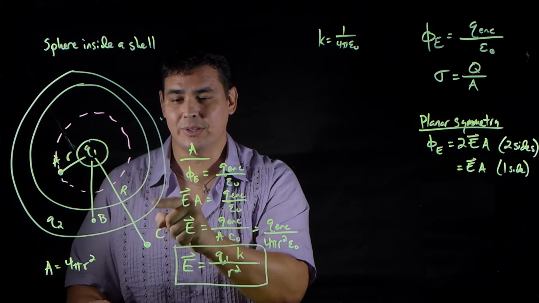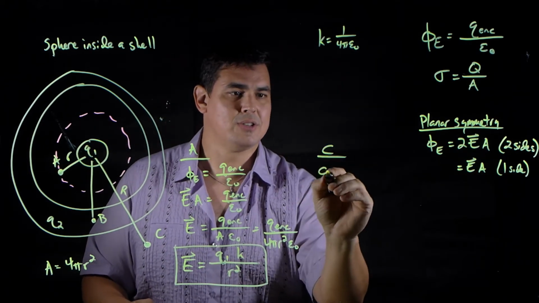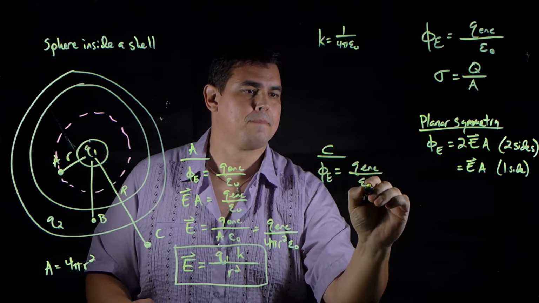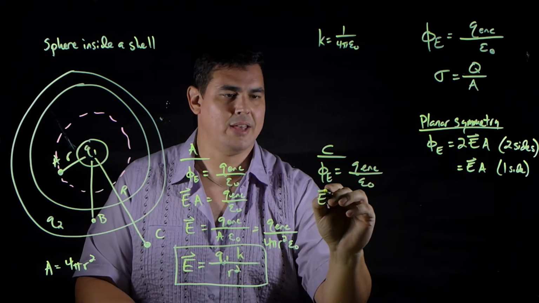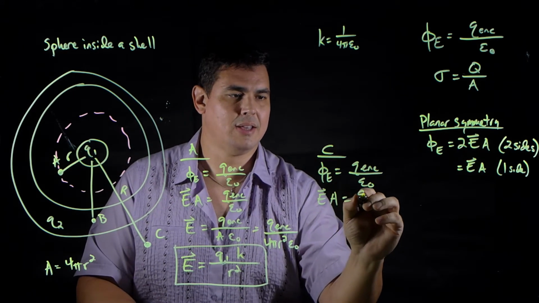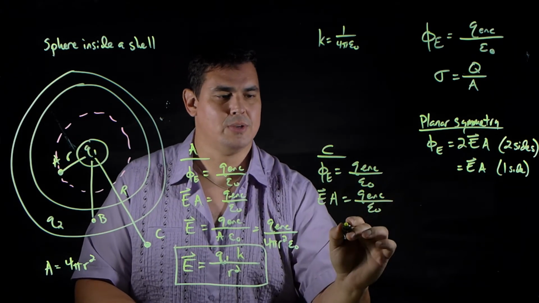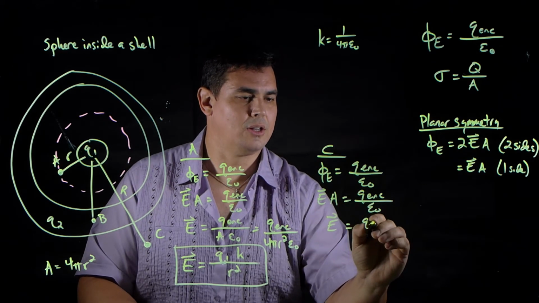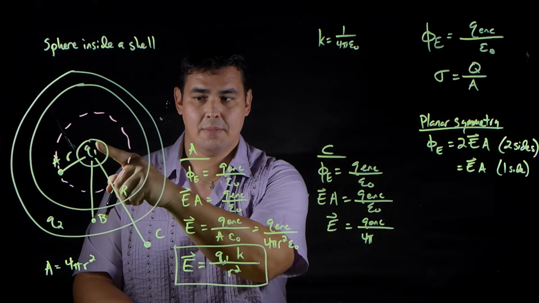Okay, so let's do C. All right, so C is the same process. So we start with Gauss's law, right? And I'm going to call that E times A equals the enclosed charge over epsilon naught. And so that means the electric field is the enclosed charge over 4 pi big R, right?